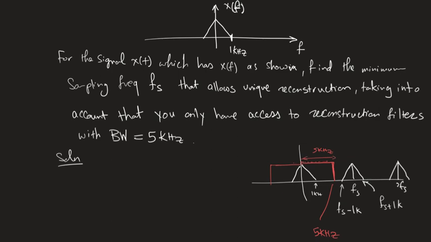And this point is 5 kilo. So now the equation says Fs minus 1 kilo has to be greater than 5 kilo, right? So the final result is my sampling frequency has to be greater than 6 kilohertz.